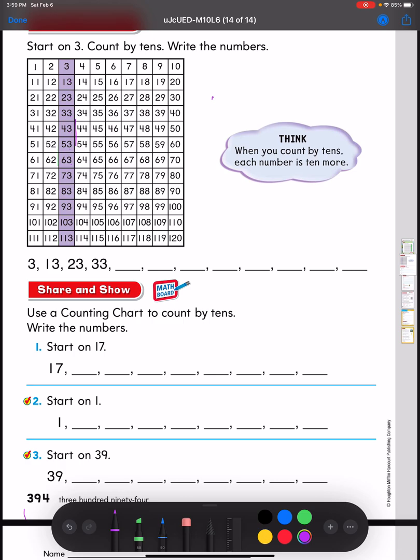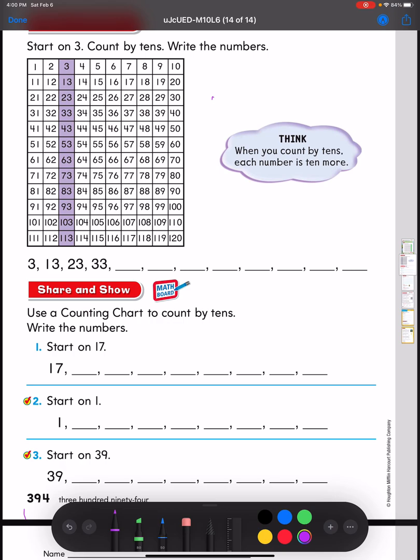In that ones place is a 3. And that each number is going up by 10. So there's a 1 here, and then a 2, and then a 3, and 4, 5, 6, and 7, 8, and 9, and 10, and 11. So it's increasing by 10 each time. All right, so think, when you count by tens, each number is 10 more.